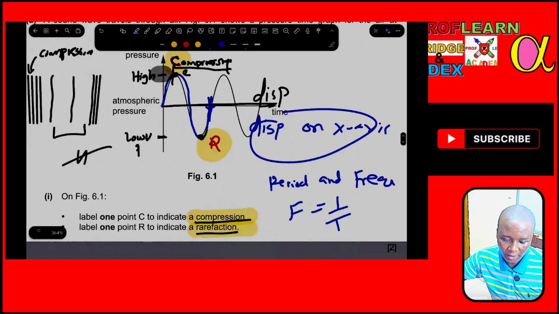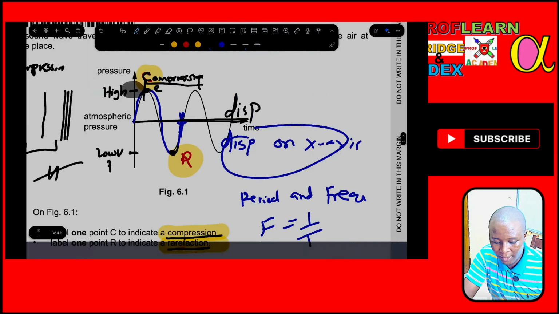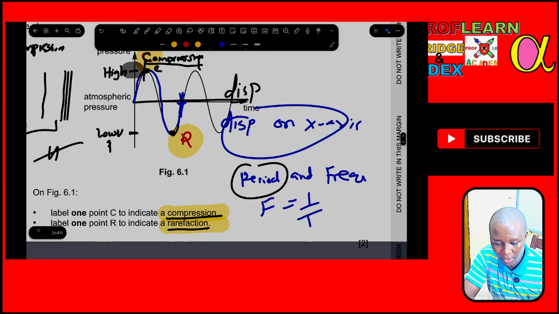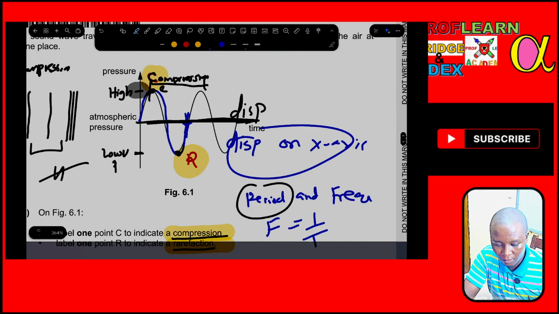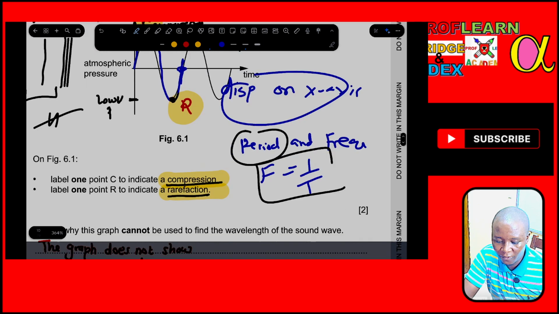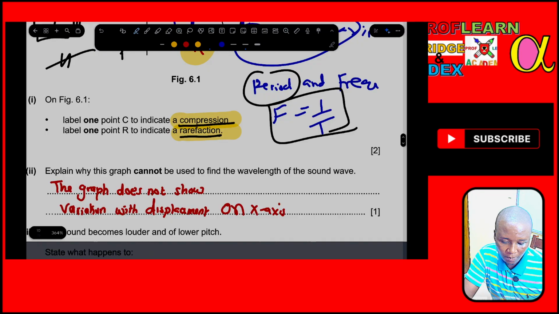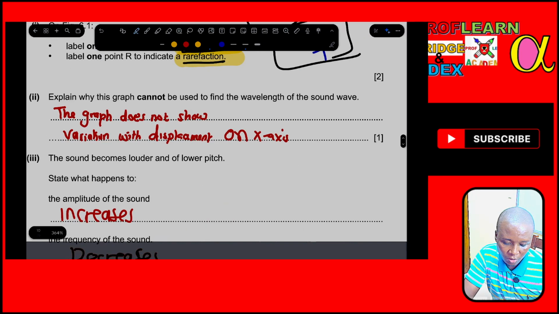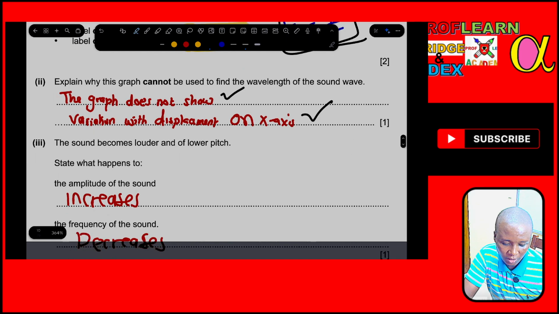So we can say this graph can only be used to measure period, or can also be used to measure frequency, because frequency is 1/T. The graph does not show variation with displacement on the x-axis, so that is the case.